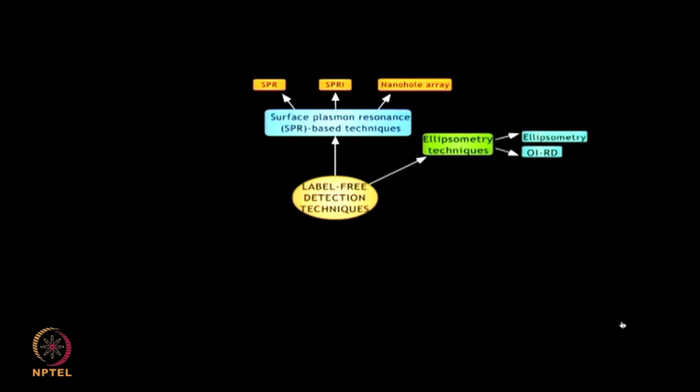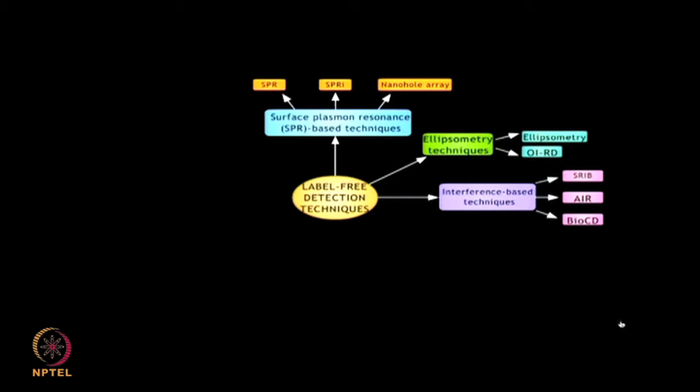Second, OIRD or oblique incidence reflectivity difference. The variation of ellipsometry that monitors harmonics of modulated photocurrents under nulling conditions.